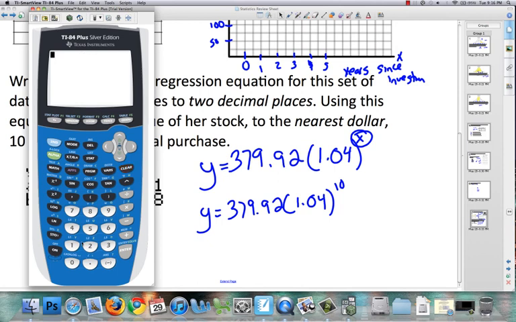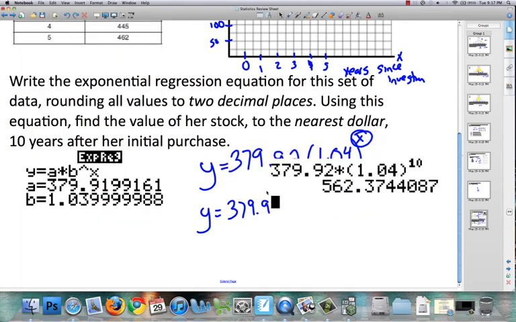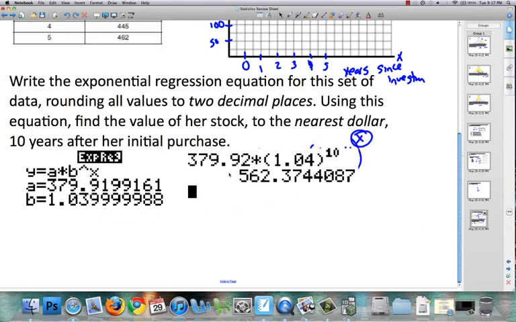So 379.92 times 1.04 raised to the 10th power. Hit enter, and we get, put that down here, $562, because it's set to the nearest dollar. $562.